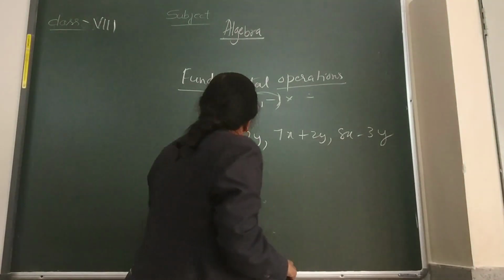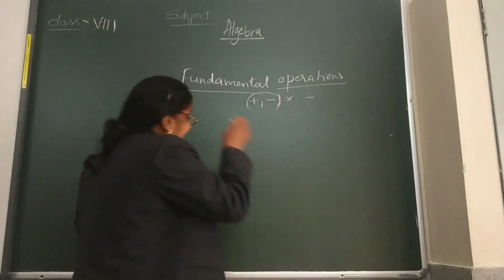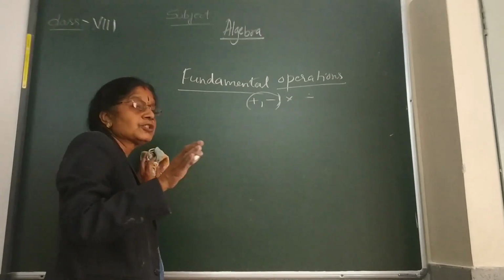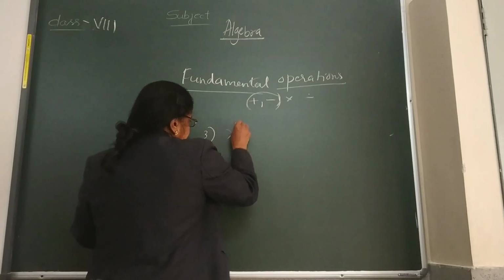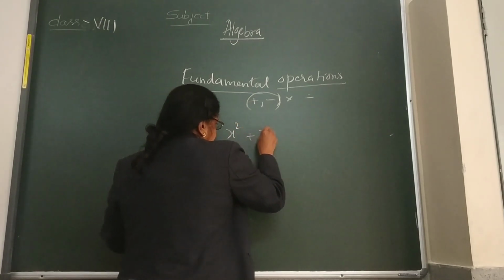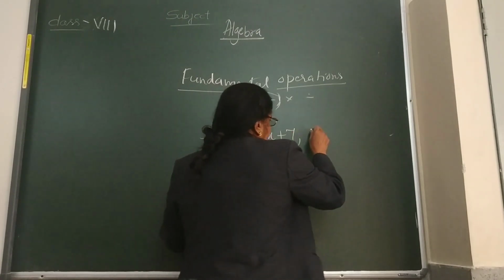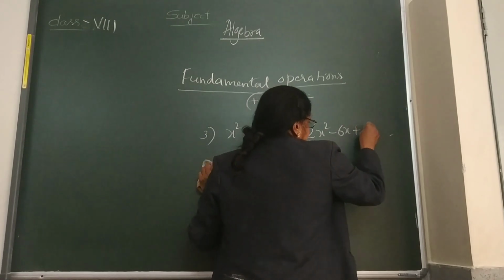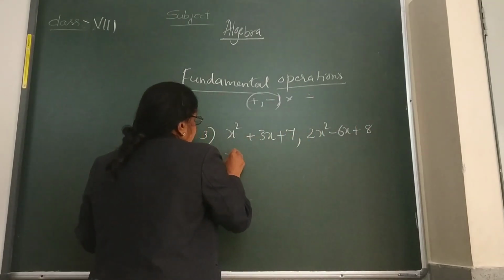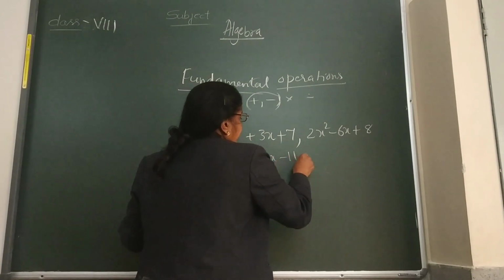Last example, I will show you addition with trinomials, and you can even take powers and add them. So let us take that example. Third example: x square plus 3x plus 7 is the first, 2x square minus 6x plus 8 is the second, and 7x square plus 7x minus 11 is the third.